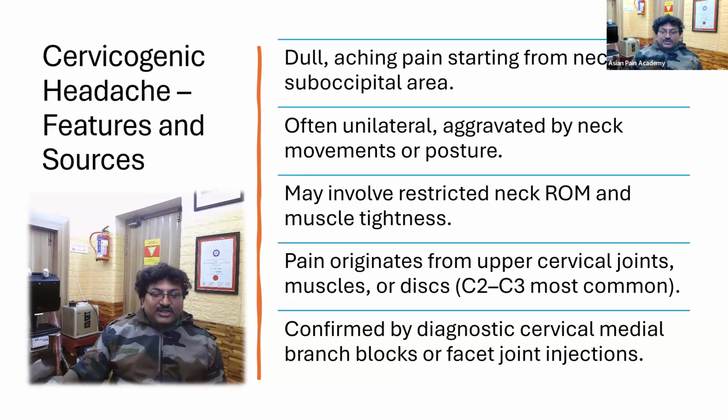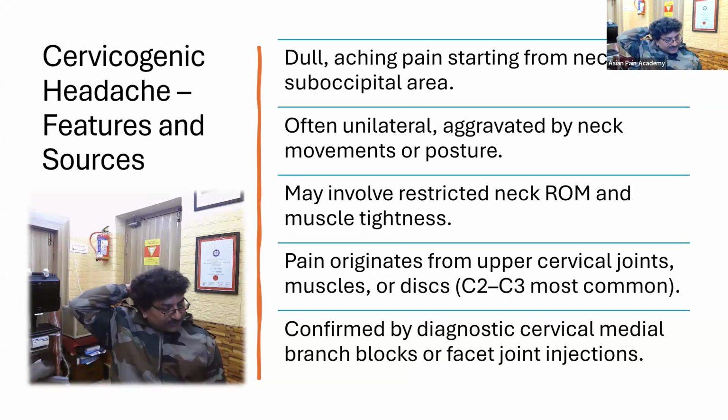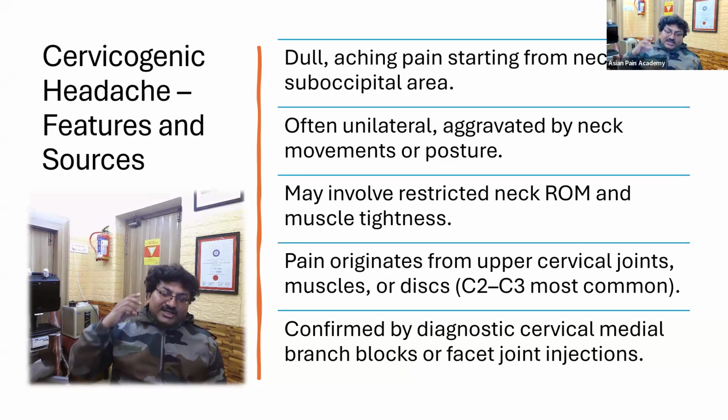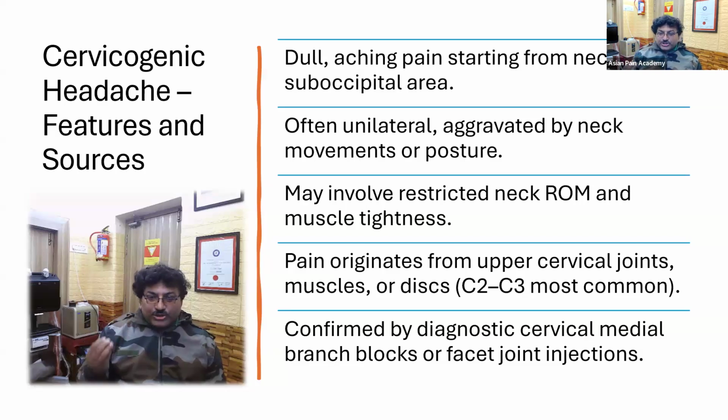Whereas the cervicogenic headache is because of the cervical structures, mainly from facetogenic pain, and it starts from the neck or the suboccipital region. It is often unilateral and aggravated by neck movements or posture, and it involves restricted range of motion and sometimes muscle tightness.